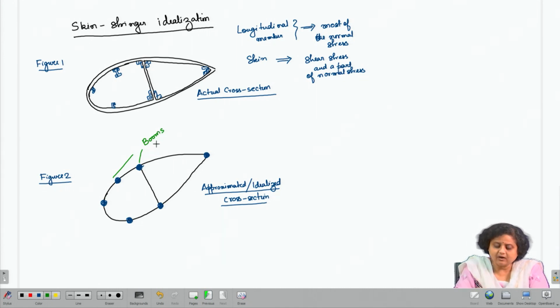So, the area of the boom is going to be the area of the stringer at that location, plus some part of the area of the adjoining skin.